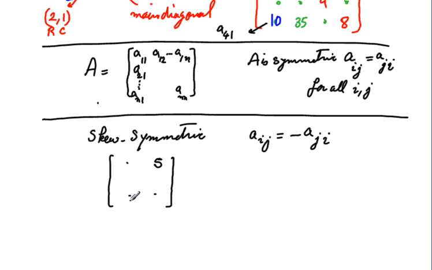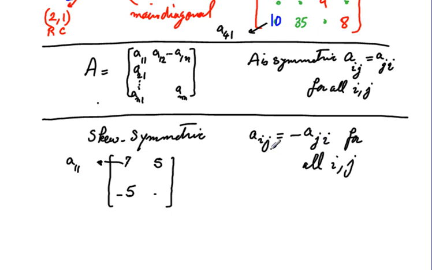The entry at the location 2, 1, and what is that going to be? Negative 5. Now, what kind of a number can be on this diagonal if this is supposed to be applicable to all i and j's? For example, can I put, say, something like 7 here? What is the address of this? The address of this is A11.